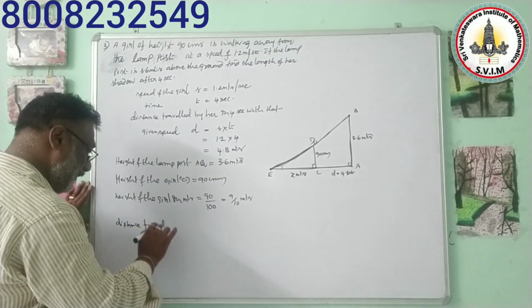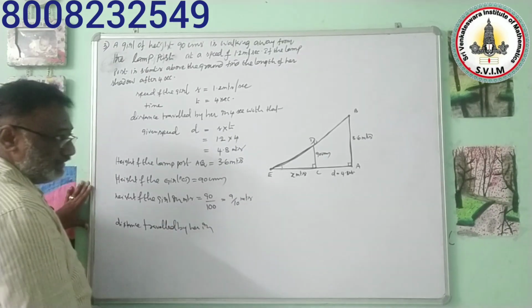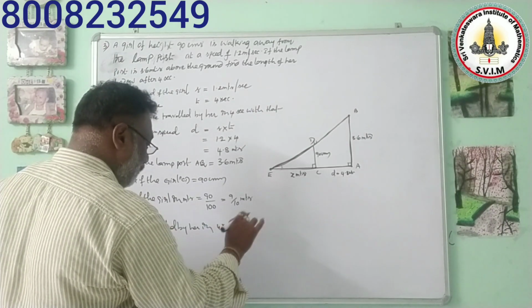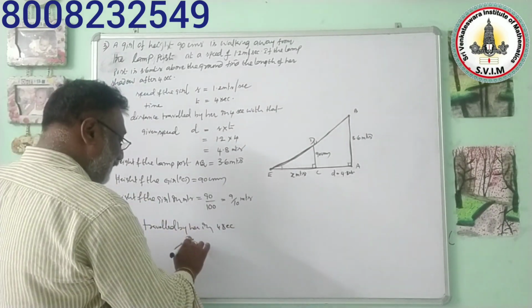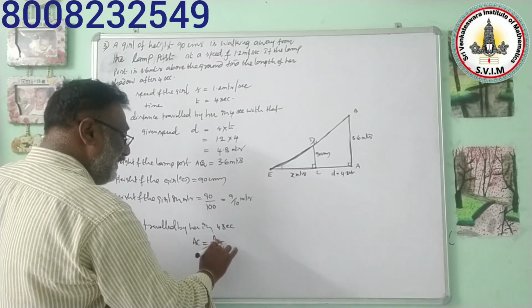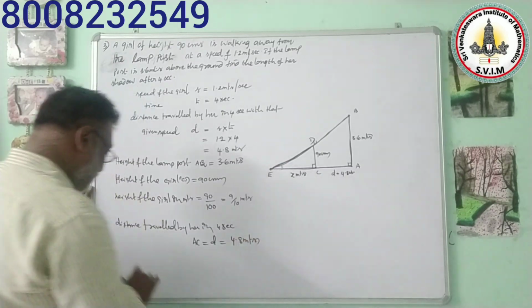Next, after that, the distance traveled by her in 4 seconds, that is AC in the figure, is equal to D, which is equal to 4.8 meters.